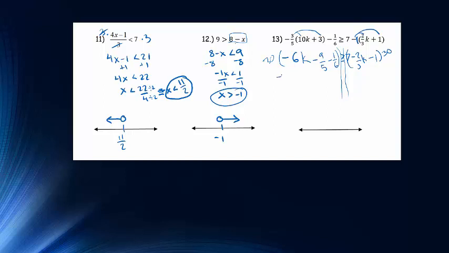Right, 30 times 6 is 180. 30 divided by 5 is 6, times 9 is 54. 30 divided by 6 is 5, times 1 is -5. And 30 times 7 is 210. 30 divided by 3 is 10, times 2 is 20. And -30 would be my last one. And then I'm just going to combine like terms very quickly.